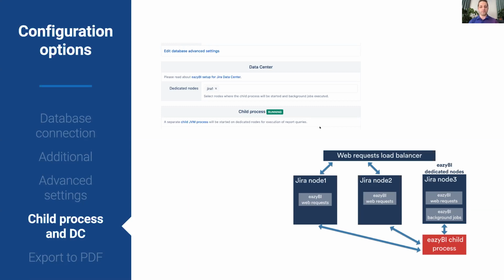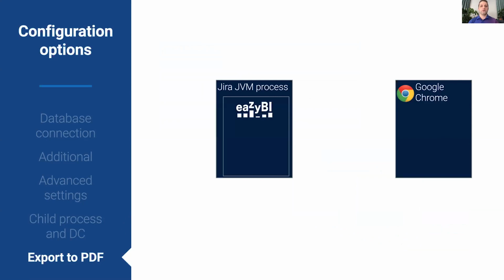And one more option that you can't see in the eazyBI configuration screens, but it's available. It's related to export to PDF files.